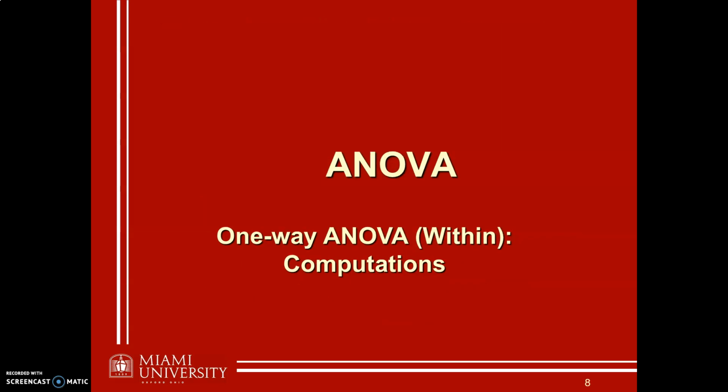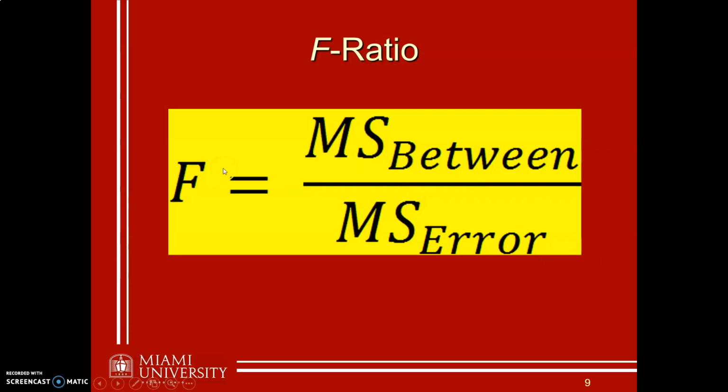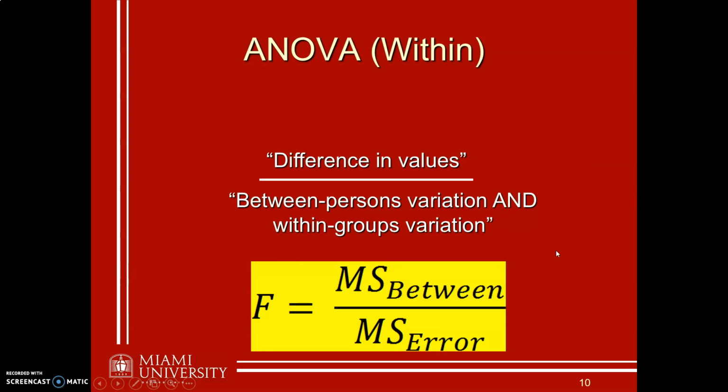So I'm going to talk to you a little bit about computations, even though we're not doing stuff by hand. One way to keep in mind what that F statistic is doing is it's seeing whether the variability between groups is stronger than the variability across the whole group of people. There's a couple ways you could say this to help you understand what an ANOVA is doing.